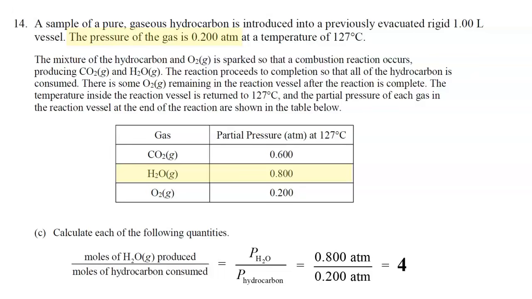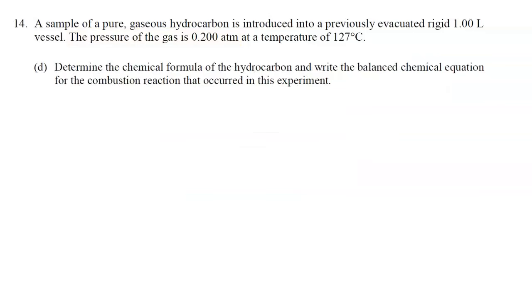Well, now that we have numbers of 3 and 4 for those respective mole ratios, let's take a look at the next part of this question. This is part D. It says determine the chemical formula of the hydrocarbon and write the balanced chemical equation for the combustion reaction that occurred in this experiment.